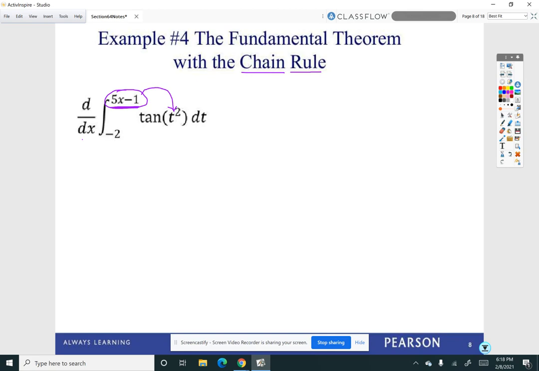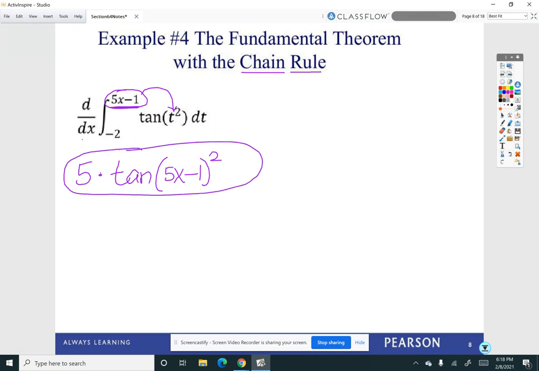So the derivative of the integral of the tangent of t squared becomes the tangent of 5x minus 1 squared. But then that part right here is an inside function, so I'm going to multiply this by 5. And so that's my final answer on this one. That bottom part I don't need to worry about, because that bottom part's just a number, and when we take the derivative of a constant, we get 0.